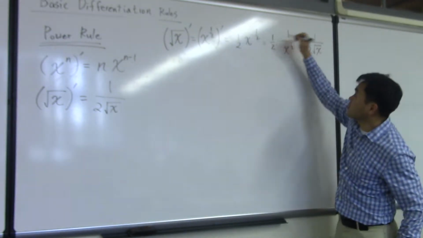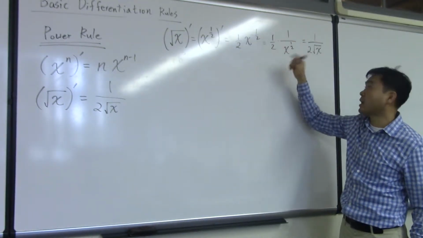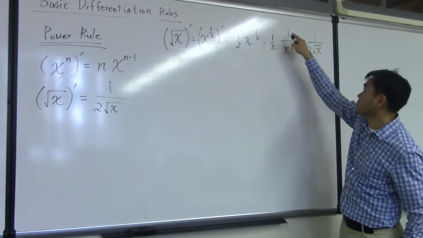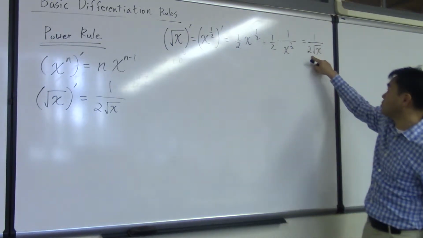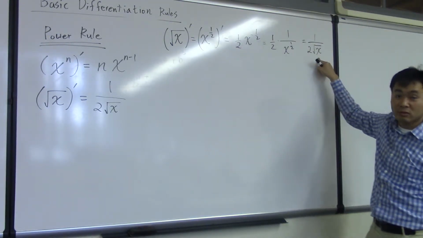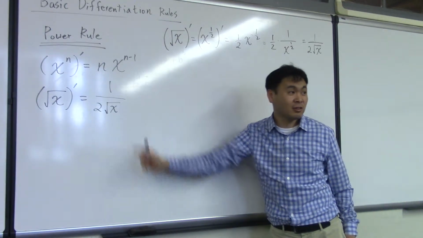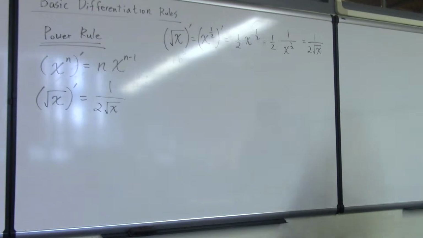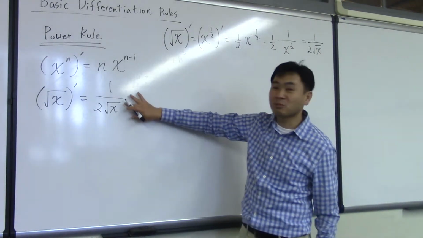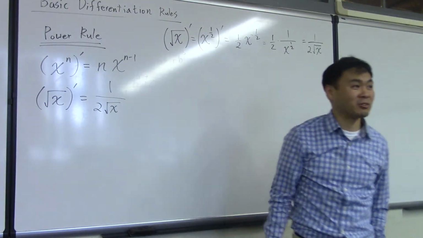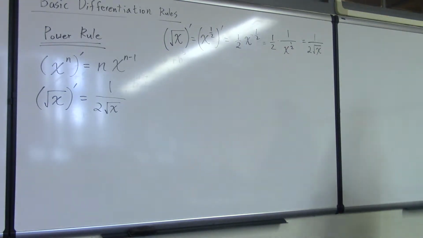Because it's a multiplication of two fractions, bottom times bottom, top times top, so it's 1 and 2, and square root of x is what you have here. So you get the exact same answer as this, with probably less work. But still, this is too much work, I think. You should just memorize this.